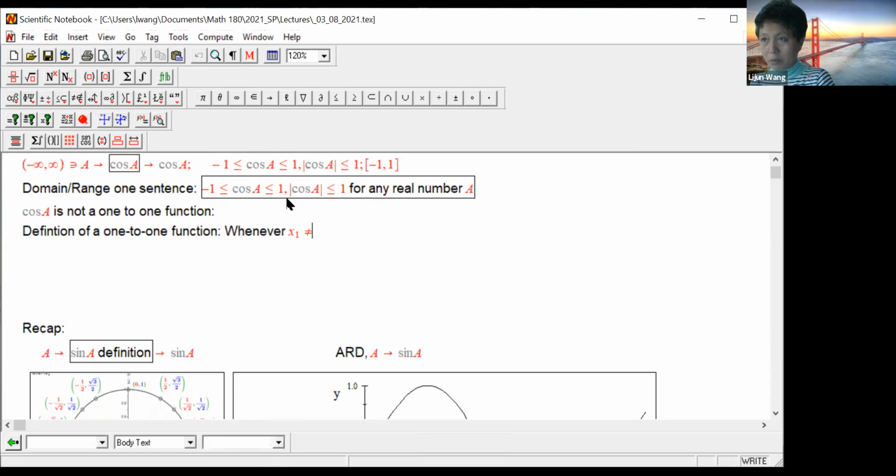Okay, so I continue to type this. x1 is not x2. f of x1 is not equal to f of x2. I want every one of you to spend time with me right here, right now.